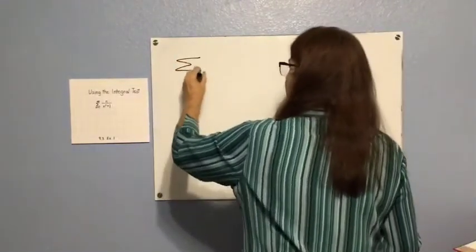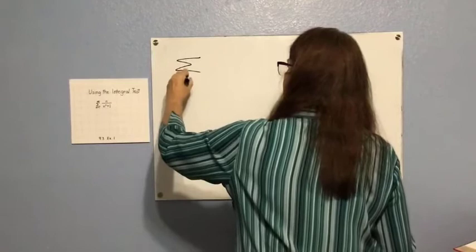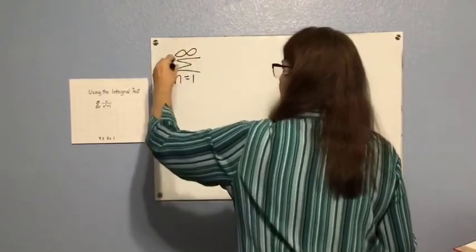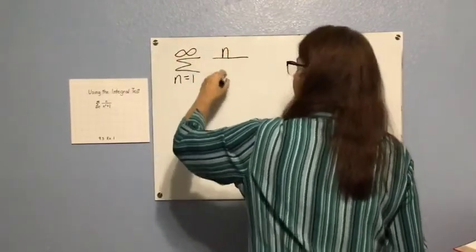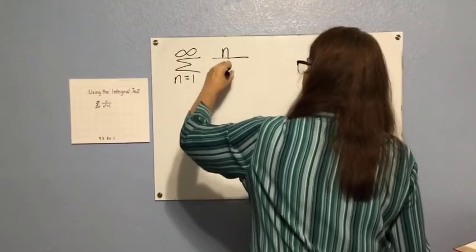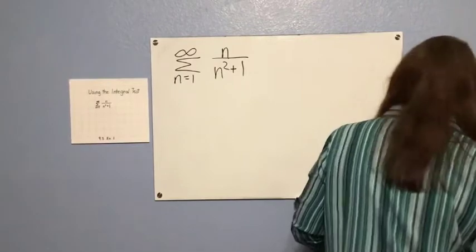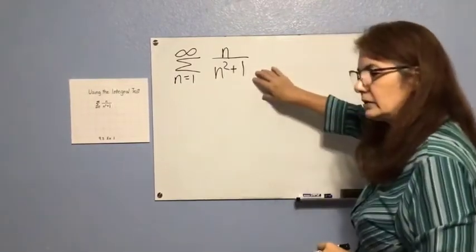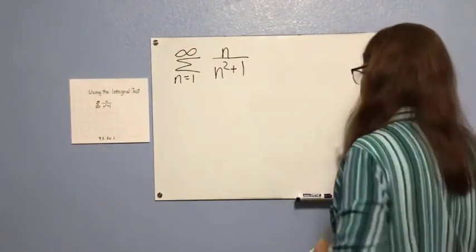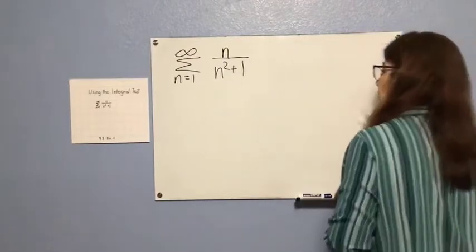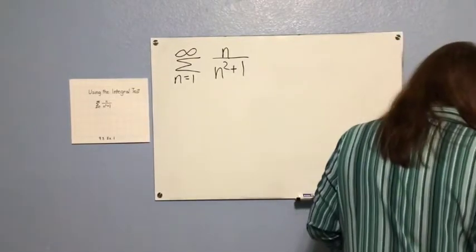So I have a summation of n over n squared plus 1. And I want to know whether this converges or diverges. To see, I'm going to look at the associated integral.